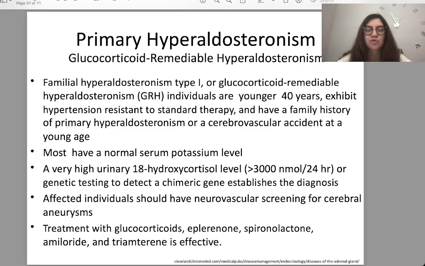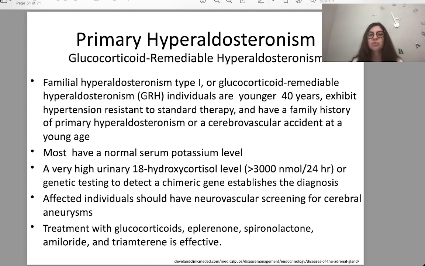Familial hyperaldosteronism type 1, or glucocorticosteroid remediable hyperaldosteronism: individuals are usually younger than 40 years, exhibit hypertension resistant to standard therapy, and have a familial history of primary hyperaldosteronism or cerebrovascular accident at a young age. Most of them have a normal serum potassium level.